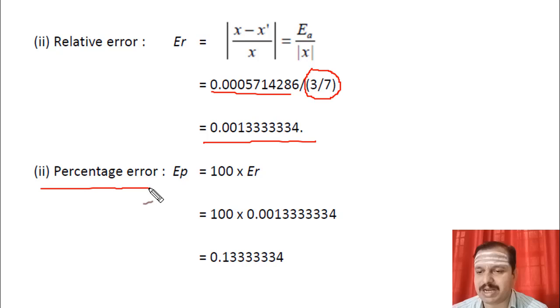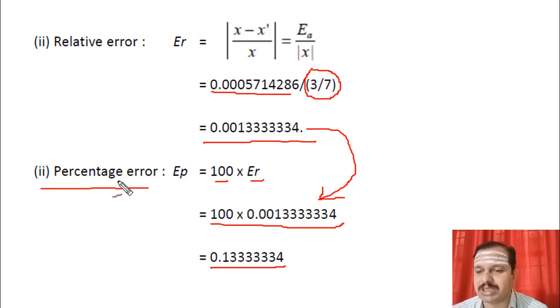Finally, the percentage error. The formula is very simple, that is relative error multiplied by 100. The relative error we have computed in the previous step, so the same value we take here, and if it is multiplied by 100, the answer is 0.1333334.